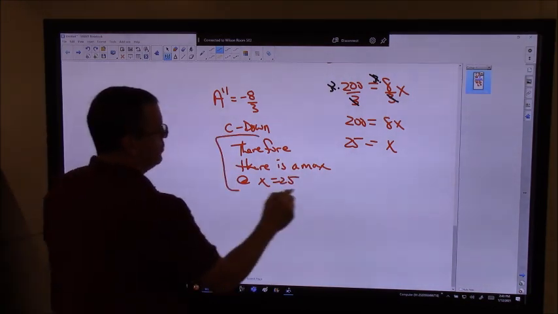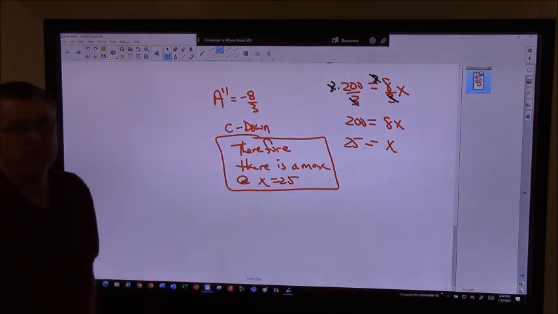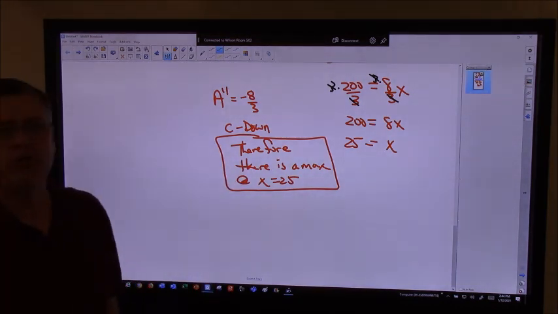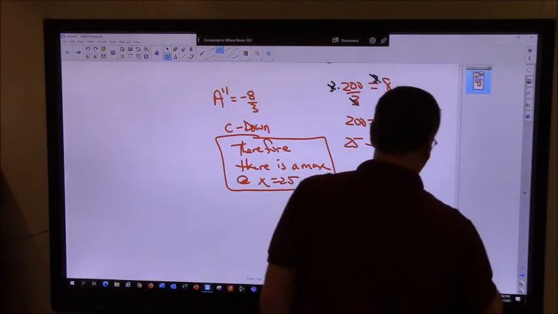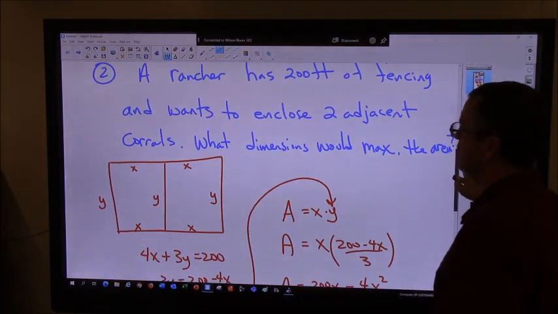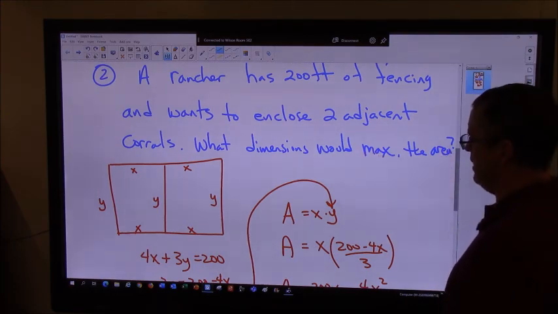Okay, so that's not my answer. Remember, the question was, what would the dimensions of the corral be? Okay, what dimensions would maximize the area?